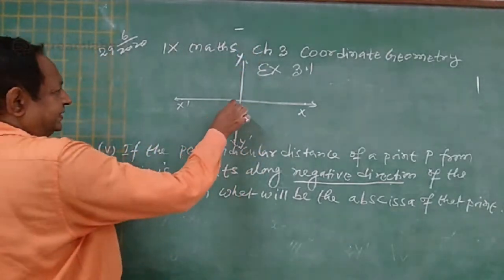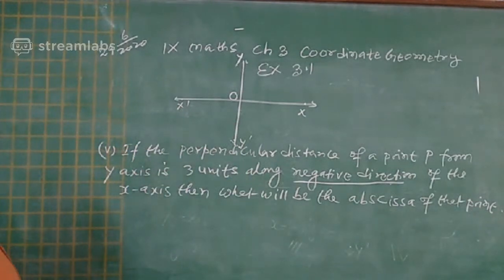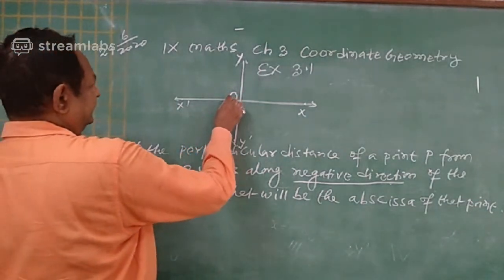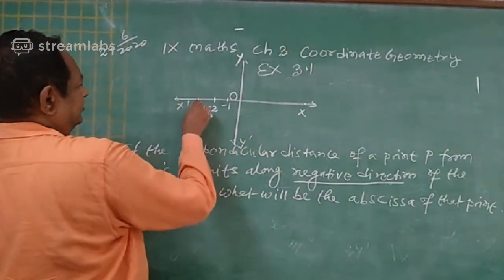And the point of intersection is origin. This is -1, -2, -3.